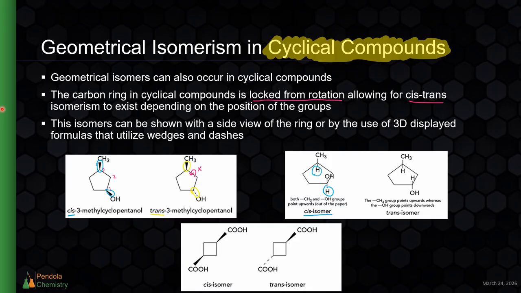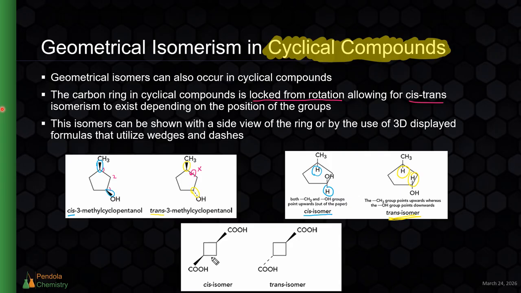But in the trans isomer, one hydrogen is on the bottom side of the ring and the other one's on the top side, which makes it a trans isomer because they're on opposite sides. Like I said, the structural formulas will be identical, the chemical formulas will be identical. The only way we can even tell these are different structures is in 3 dimensions, in a 3-dimensional drawing. The easiest way to show this is going to be with our wedges and dashes.